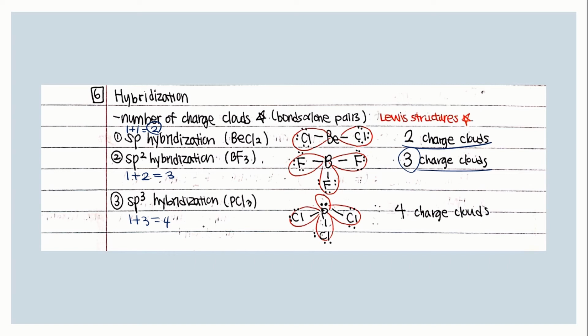So make sure you are not confused with the exponent of p, but you have to add one more to know the charge clouds. For sp3 hybridization, you have the example of PCl3, and you count the lone pair as 1 charge cloud. So P has 4 charge clouds, and it has sp3 hybridization.